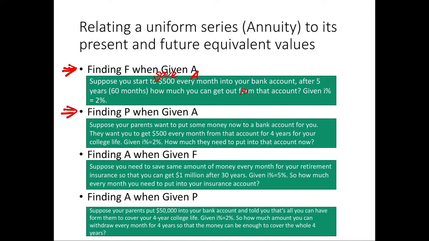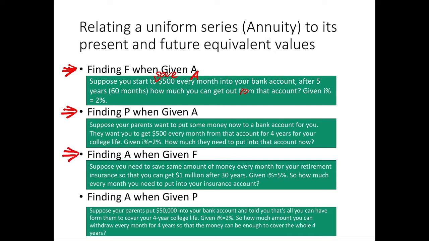But to have that $500 every month, your parents need to put some money at the beginning in the account, okay? So they want to know how much they need to put into that account, because there is an interest rate of 2%. Okay, so the way they can answer the question is to use the method to find the present value given that annuity.